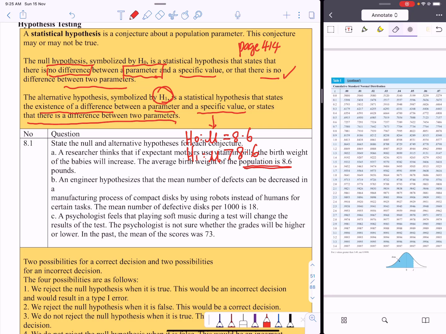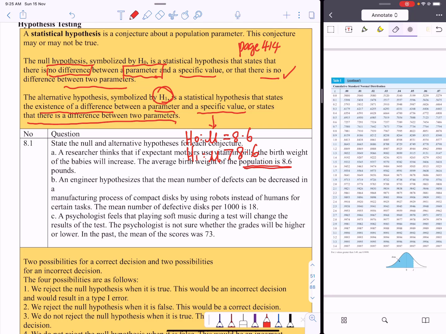This type of question is a favorite for the final test. It always asks you to write the full statement of the hypothesis. Please make sure you understand and have the ability to write whether it is increase, decrease, equal or not equal.